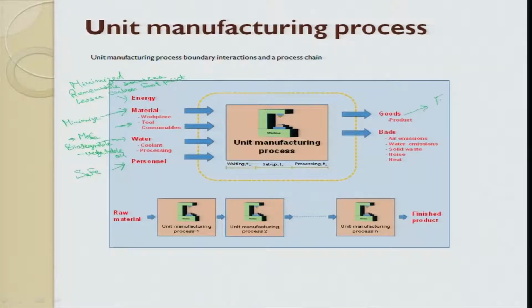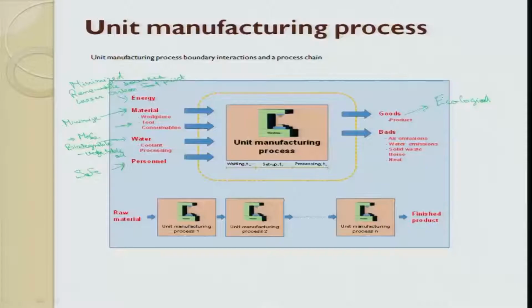Now, if the product that is produced has lesser impact or maybe equivalent impact than the regular product, that may be called a green product. Now, the product, if it uses less energy or less material waste.